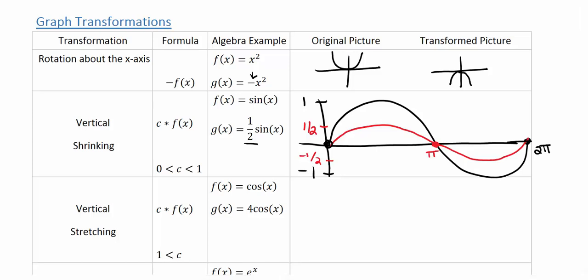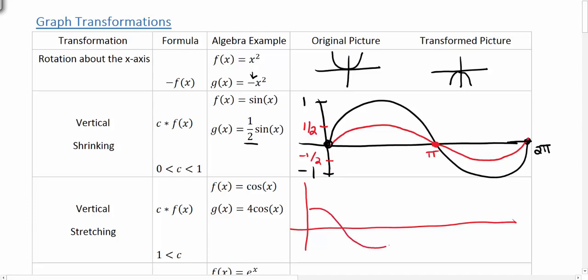If we were to now multiply our function by a constant that is bigger than 1, the result is going to be what's called vertical stretching. So consider now the function cosine of x. Cosine of x looks like this, comes down, comes up, and it also lives between 0 and 2 pi.